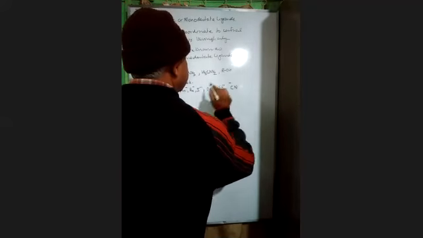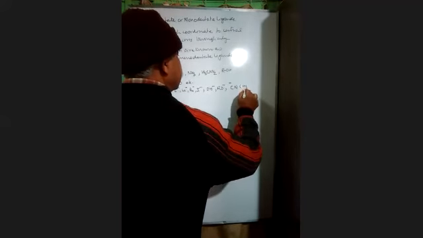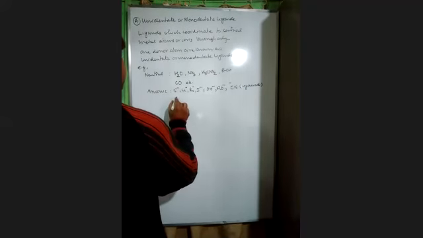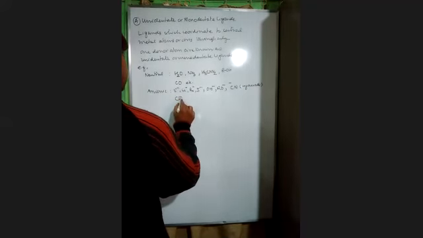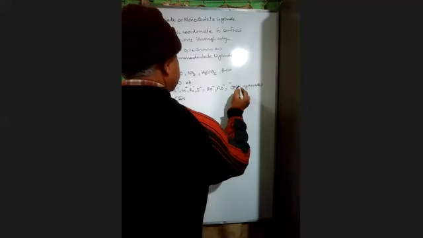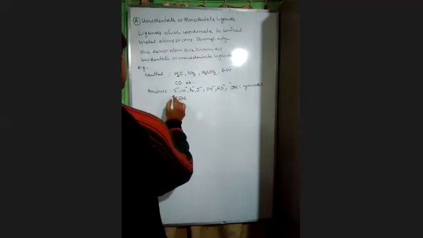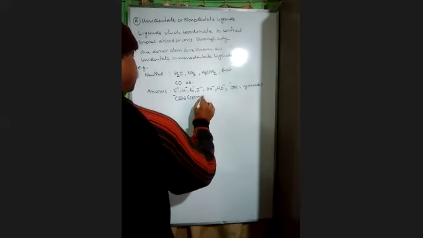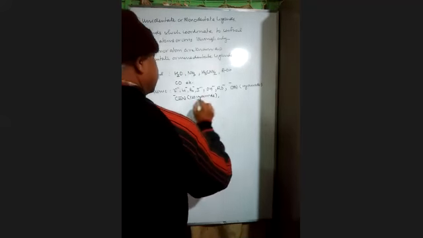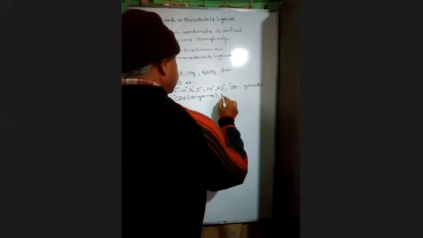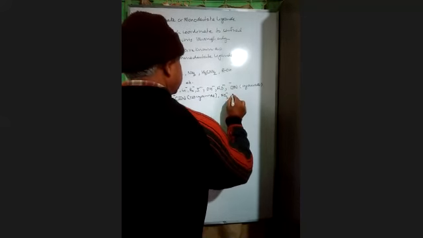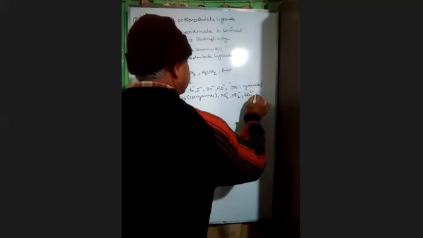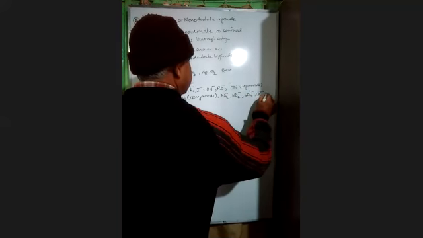Please remember, I'll put the negative sign here. We'll write here cyanide, and here it binds through nitrogen. We call it isocyanide. I'll tell you these separately. Then you can have nitrate, nitrite, sulfate, carbonate, etc.